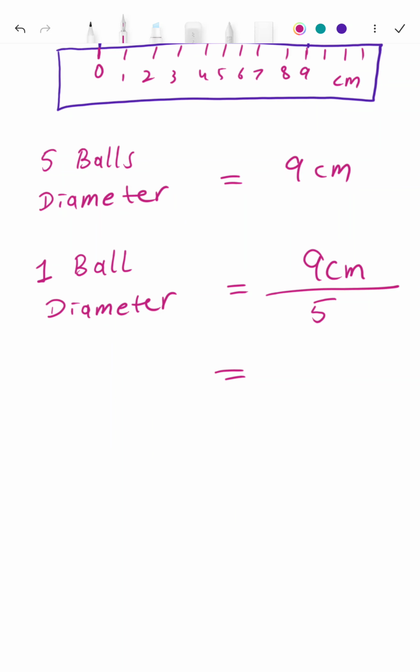You can do the calculation with a calculator: 9 divided by 5, which will give us 1.8 centimeters. So this is the average value of the diameter.